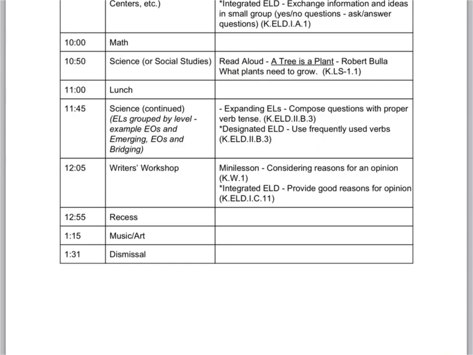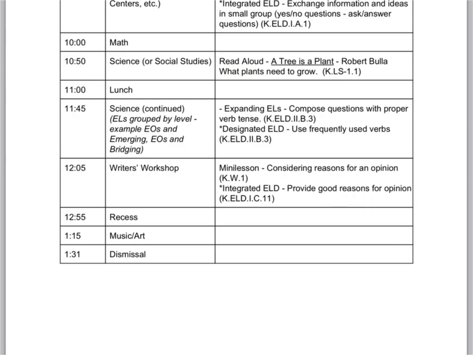Okay. And then we have the writer's workshop portion of the day where we're doing a mini lesson on thinking about reasons for an opinion, and we have a focus for our integrated ELD time as well. Pull the students for 5 minutes and then work with them with this standard, which is provide good reasons for an opinion.